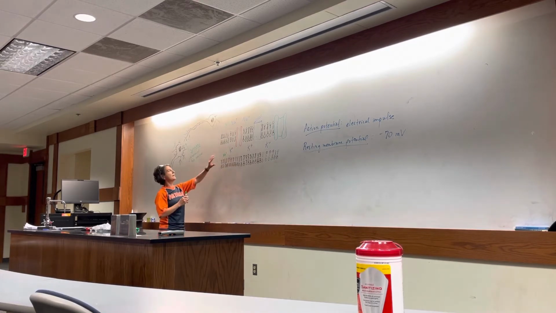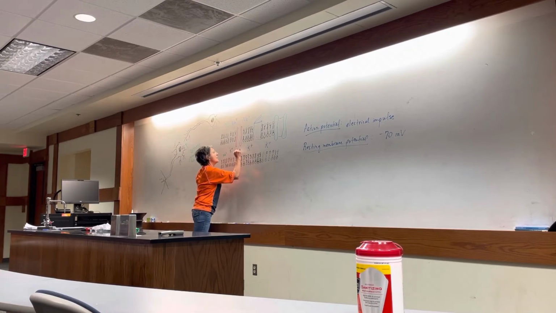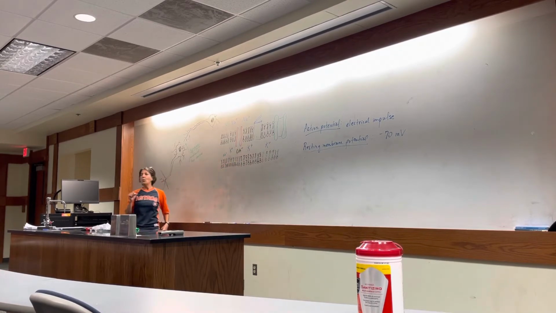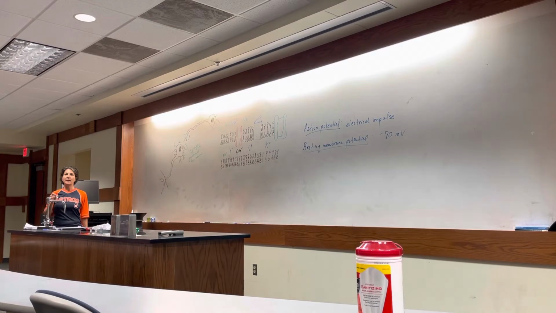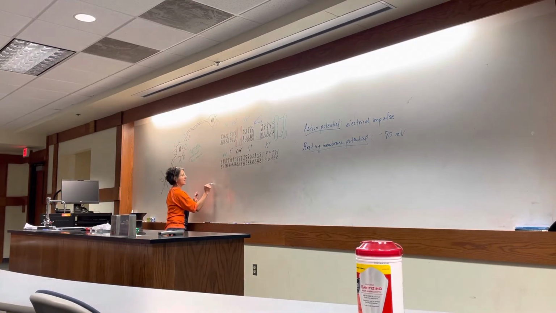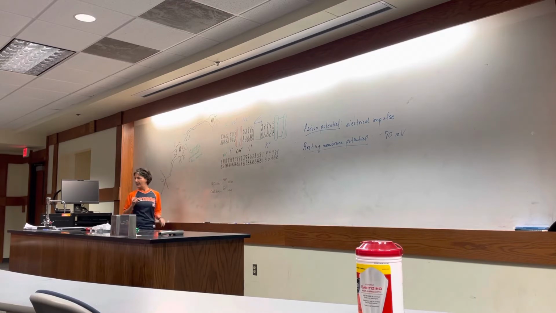Also on the inside you have OA negative, and what OA negative stands for is organic anions. An anion is a negatively charged ion, and a cation is a positively charged ion.